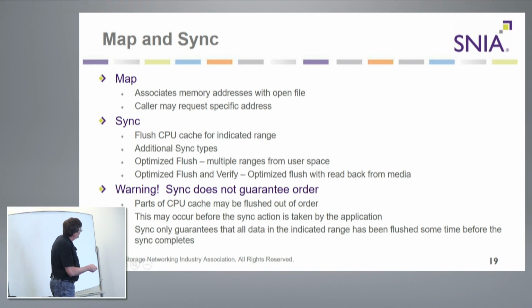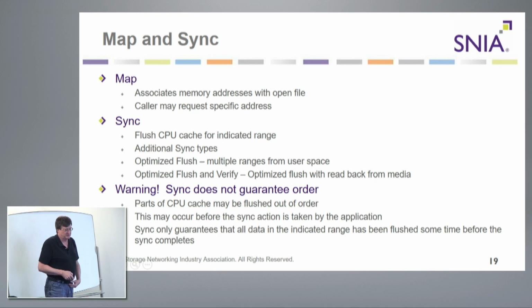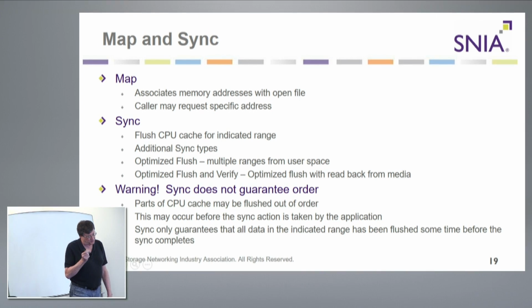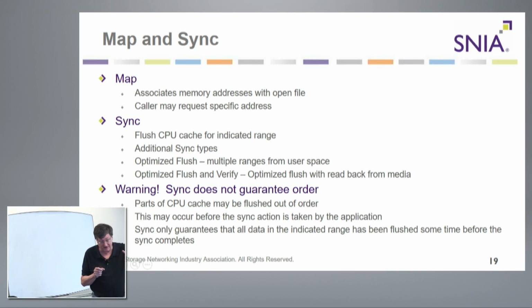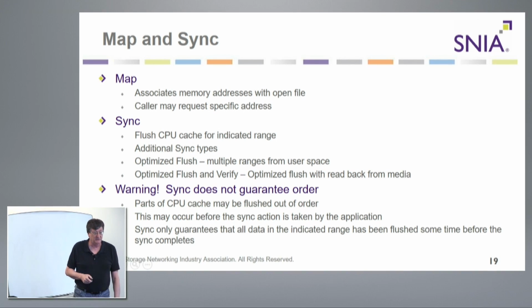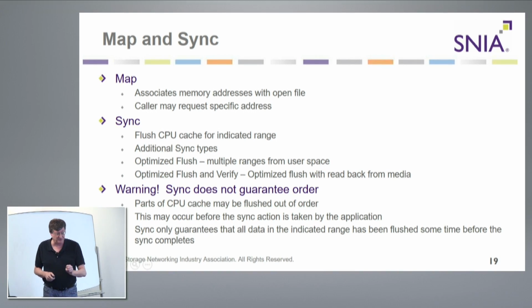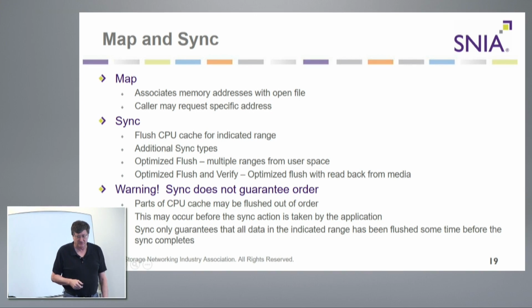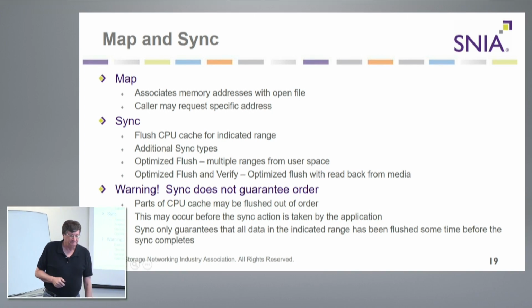Now, sync, on the other hand, is interesting, right? Because flushing CPU caches is an interesting little twist, right? Because again, there's 3 levels of memory at current inside most popular CPUs. And by the way, memory tidbit for you, those are SRAM caches, not DRAM. Yet another different form of memory. Okay?